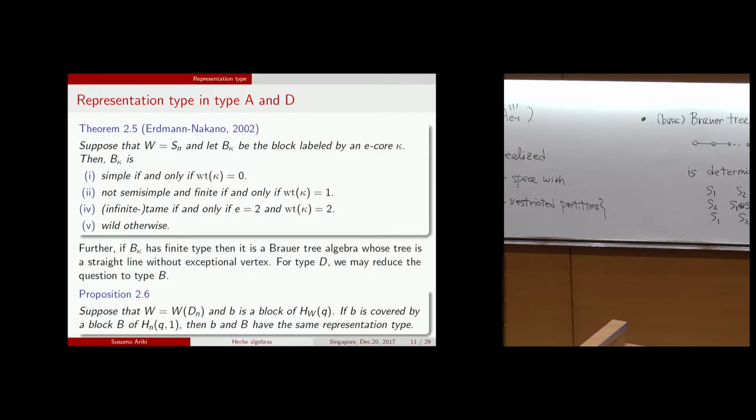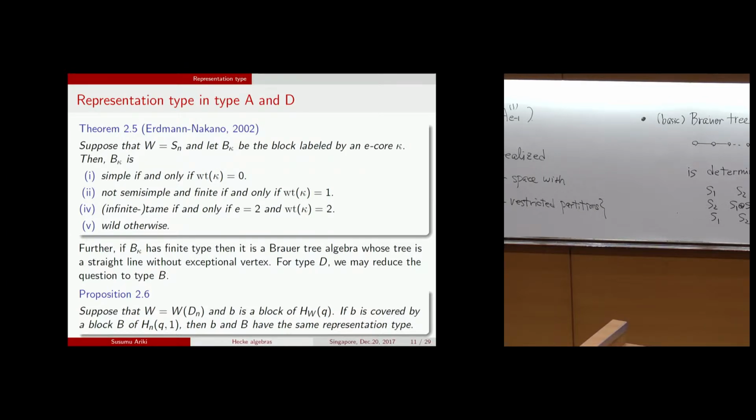Then the block is a simple algebra if the weight is 0, and not simple but of finite type if and only if the weight is 1, and of infinite type if and only if the weight of kappa is 2, and wild otherwise. And further, if B_kappa has finite type, then it is a Brauer tree algebra whose tree is a straight line without exceptional vertex. This computation was already made by Uno around 1990.